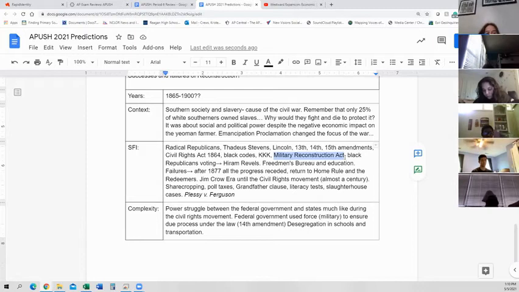And so the effect of that is Black men are voting and electing Black officials and they have representation in their state and local governments. Hiram Revels was a Black senator from Mississippi that served in Congress. And this only existed, though, you guys, until 1877, right?